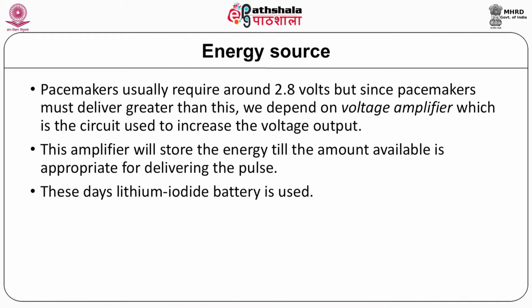Pacemakers usually require around 2.8 volts, but since the pacemaker must deliver greater than this, we depend on a voltage amplifier, which is the circuit used to increase the voltage output. This amplifier will store the energy until the amount available is appropriate for delivering the pulse.